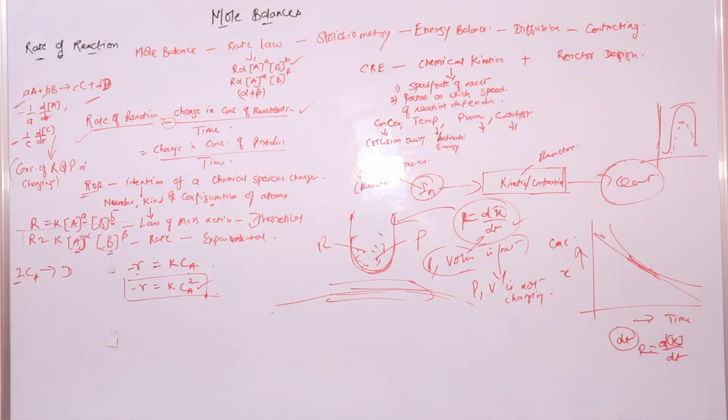So for a given reaction, the particular concentration dependence that the rate law follows must be determined from experimental observations, not from the theoretical. Theoretical is your law of mass action.